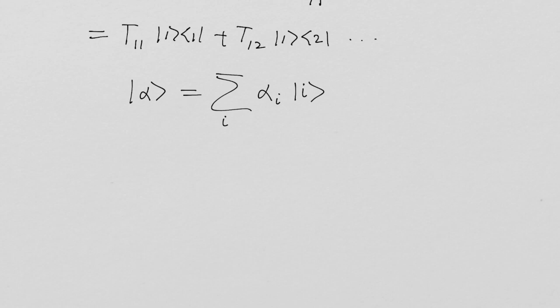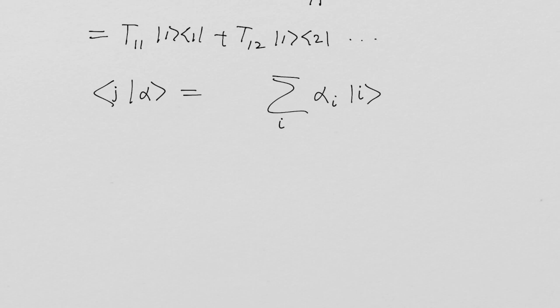Now imagine that we map this using the dual space mapping with a basis vector j. In other words, I'm going to find the inner product of the basis vector j with the state alpha. So I do this on both sides. I'm going to put that basis vector j over here. And remember, this is a ket, so I can find its inner product with any bra, and the bra I'm choosing is the basis vector j.